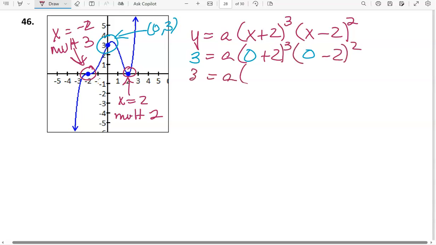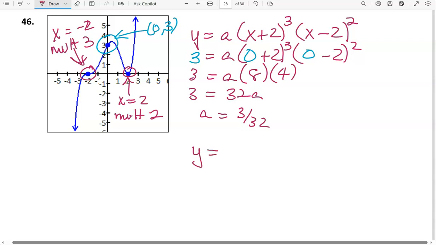So 3 is equal to a times 8, and remember negative 2 squared is positive 4, so 3 is equal to 32 times a, and a is 3/32, which gives us an equation y is equal to 3/32 times (x plus 2) cubed times (x minus 2) squared.